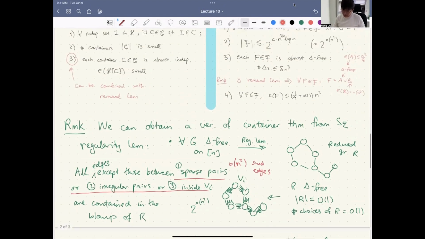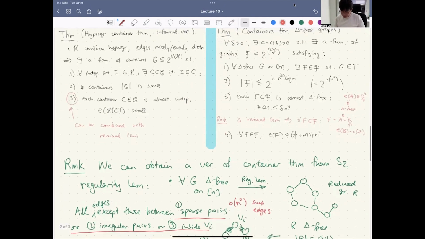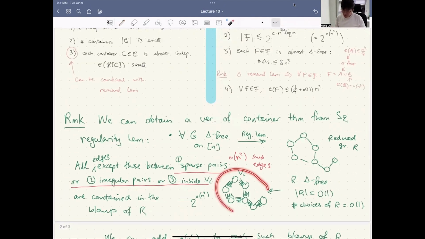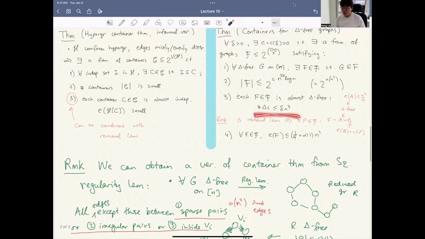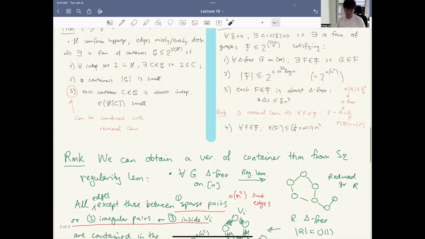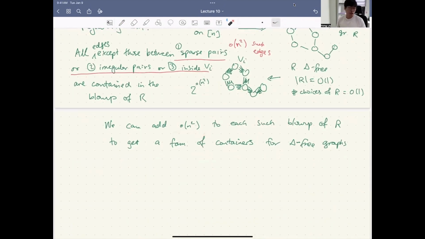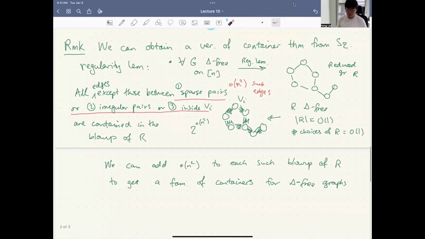So let's compare. Here, since this blow-up is triangle free, sprinkling a little bit of edges does not increase triangles that much. So we still satisfy 3, satisfy 1 with a slightly weaker estimate on the number of containers. So you can get almost the same family of containers, except that we have weaker control on how many containers you have because of the last stage of sprinkling to make sure that all edges of G are contained here.